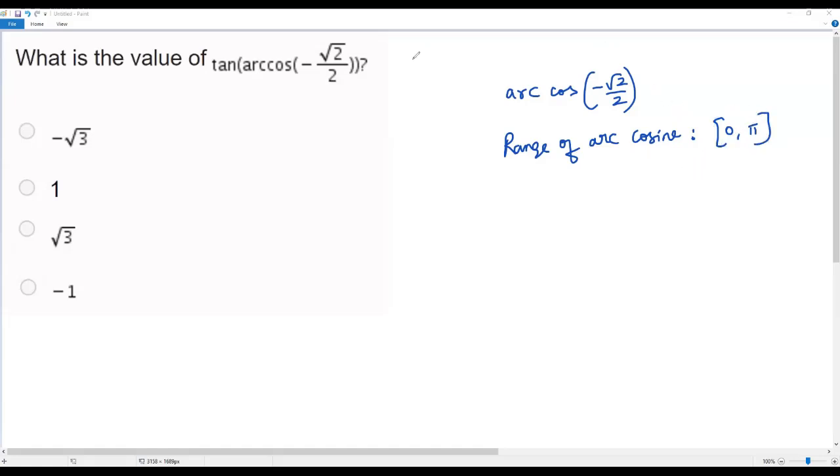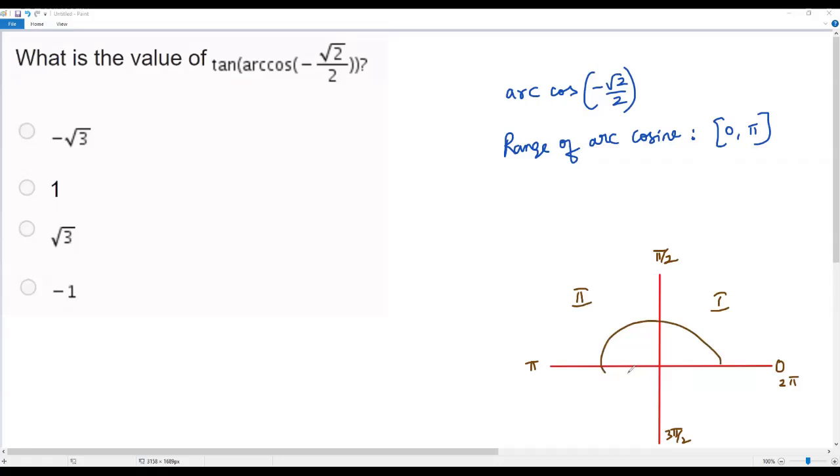Okay, first let me draw the 4 quadrants. Here we have 4 quadrants and here we have 0 degrees, 0 radians. Then we have pi over 2 radians here and pi radians, and here we have 3 pi over 2 radians. Here we have 2 pi at the same position as 0. So the range of arccosine is 0 to pi. That means it covers the first quadrant over here and the second quadrant over here.